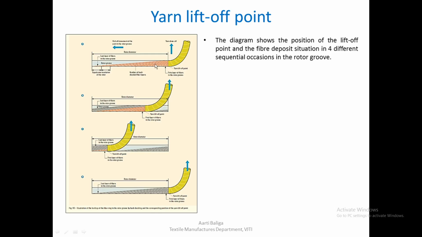So after a number of doublings or back doublings, one on top of the other, now the yarn is ready to be lifted off. So now after we have seen this first diagram in detail, let us go to the second one. What we see here is that the lift off point, which was earlier here, has shifted slightly towards the left, and a new layer of fiber has got deposited on top of the earlier layer.